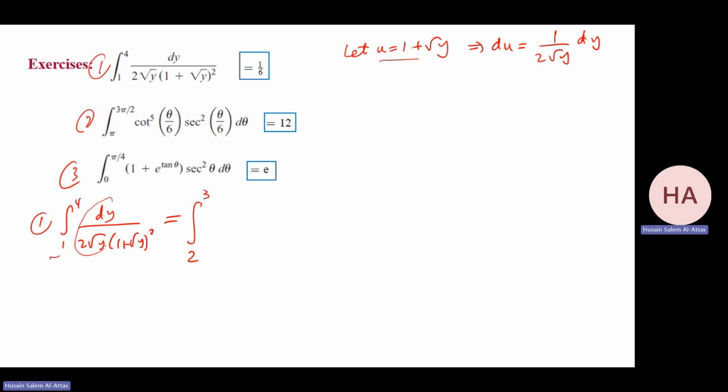This will be my du. So it will be u to the power minus 2 du, which is minus 1 over u from 2 to 3, which is minus 1 over 3 minus minus half, which is plus half. That will be 1 over 6.